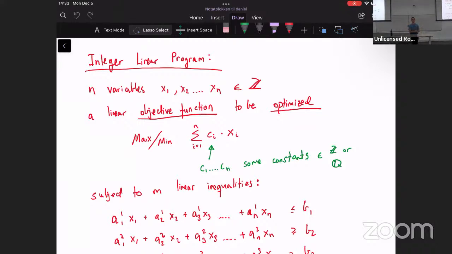So you want to either minimize or maximize the size of the cut. We also discussed the independent set problem, where again, input was a graph G, and the task was to select a set of vertices that was feasible. In particular, there were no edges between any pair of vertices that you selected, and you're trying to maximize some objective function, which is the size of the vertex set that you selected.